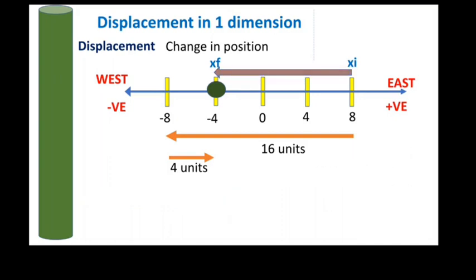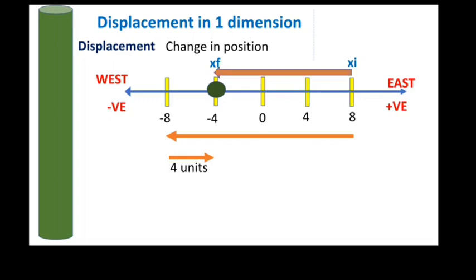Okay. But we can also look at this displacement of this object in another way. Displacement is a vector quantity. When an object moves like this, changing direction many times, we can consider each of the separate movements as displacements themselves. Okay?